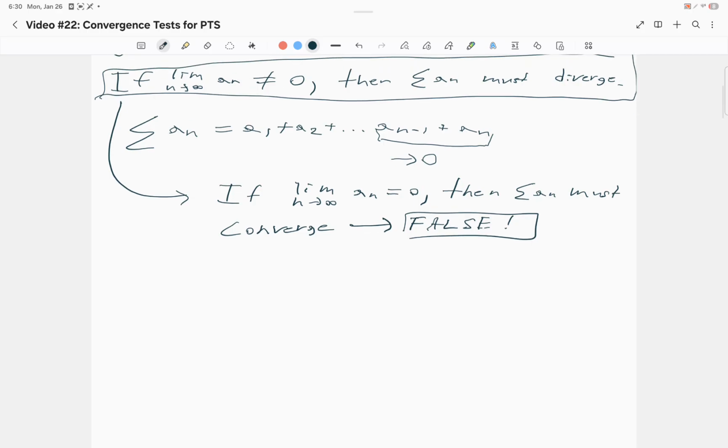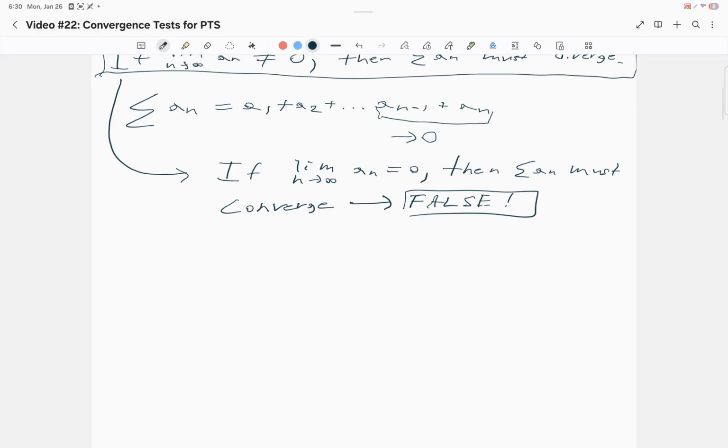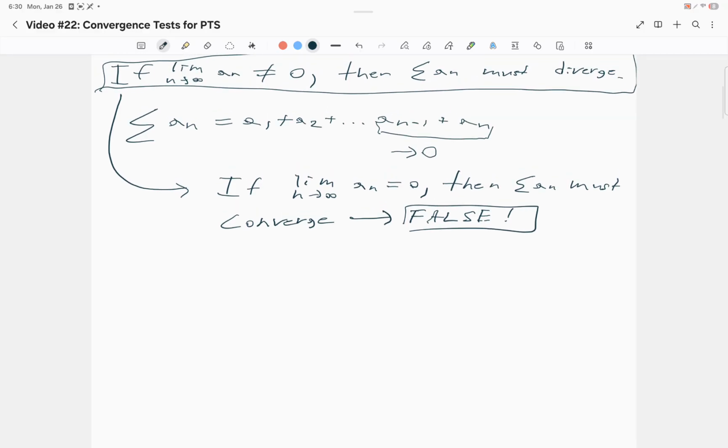So that's the nth term test. What this is saying is, as n gets bigger and bigger, those terms towards the end of the series have to be approaching 0 for it to converge, or else it's going to diverge. It's hard to say because if it does equal 0, that doesn't mean it converges.